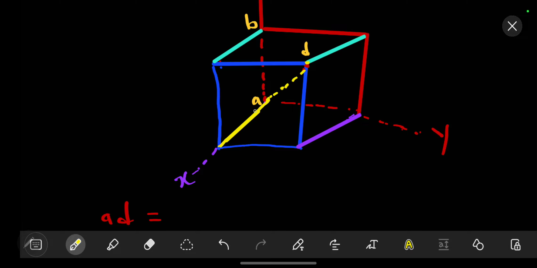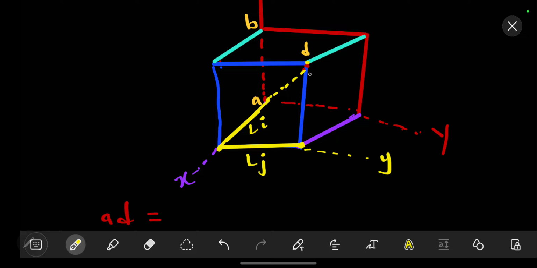This will be named as your LI, like that. Then the next stage is for you to move from this point to this point. So from this point to this point, if we extend this, this will be your Y. So from this point to this point, you will have to move a distance of L. Since it's in the Y, it will be LJ, like that. Then finally, you are moving from here.